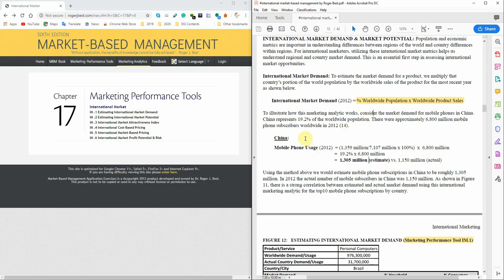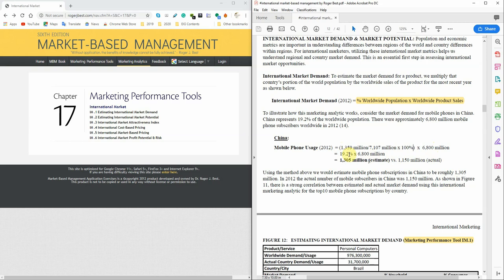Let's see a simple example of China and mobile phone usage in 2012. Here, the worldwide product sales is 6,800 million. We multiply this by China's portion of the world population. Here is the world population, and this is China's population, as a percentage.